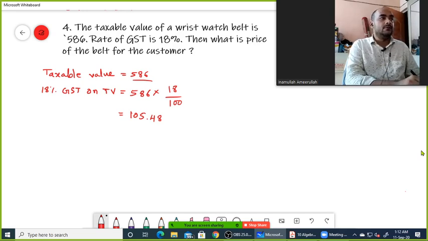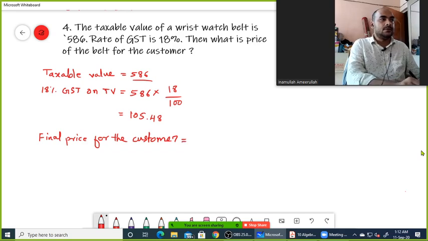And we need to find out the final price for the customer, which should be inclusive of taxes. So here taxable value plus GST will give you the final price, or the amount paid by the customer.